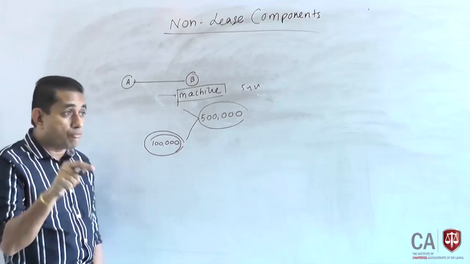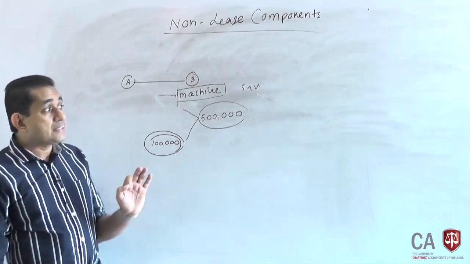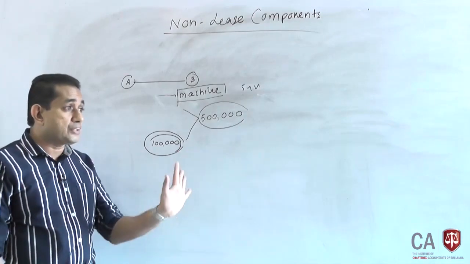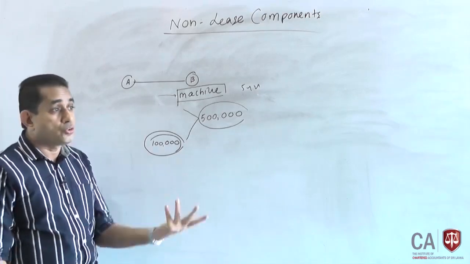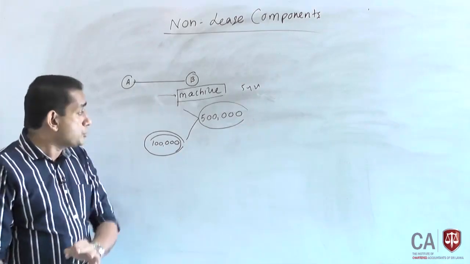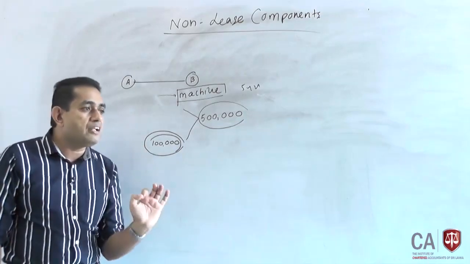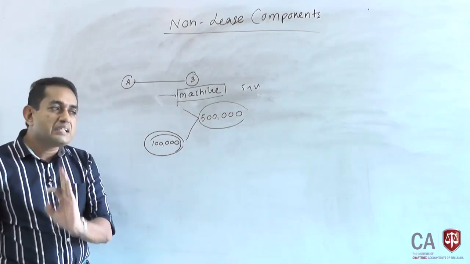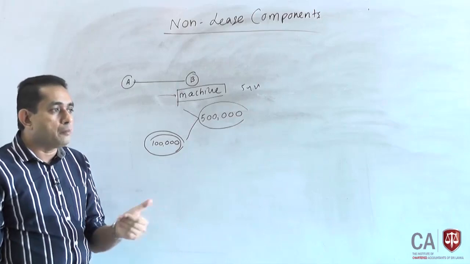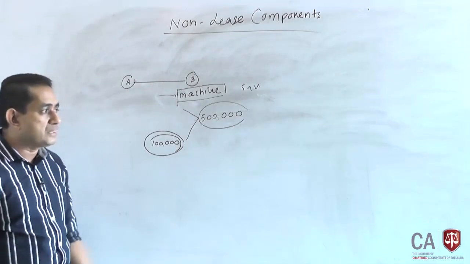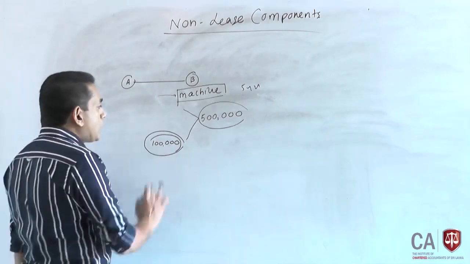Note that we do not look at the fair value of a separate asset purchase transaction. No, that's not what the standard wants you to look at. The standard wants you to look at what the fair value has to be of the service component in the market in a standalone service providing transaction. It is 100,000.